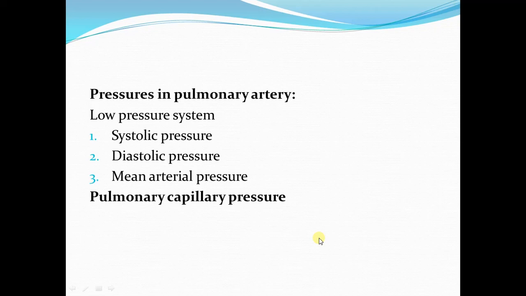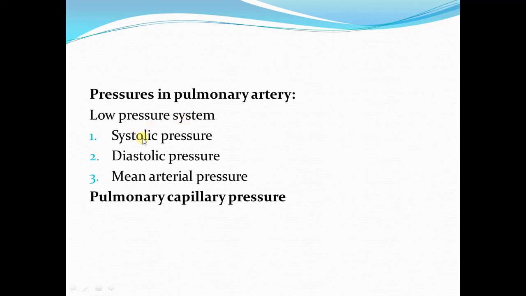Now, we will move on to the functional characteristics of the pulmonary circulation, in which we are going to talk about the pressures at different levels of pulmonary circulation. First we are going to see what are the pressures in the pulmonary arterial system. As we discussed in the beginning, it is a low pressure system.